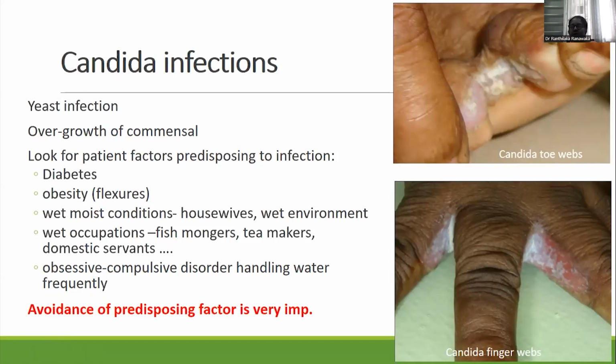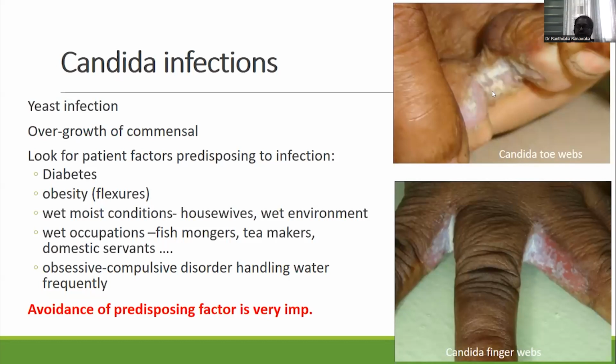What has caused this overgrowth of commensal, right? We have to look at whether the patient has diabetes, whether the patient is obese, which you can see obviously. If obese, it affects flexures, right?